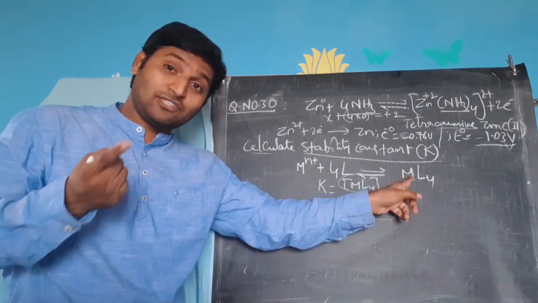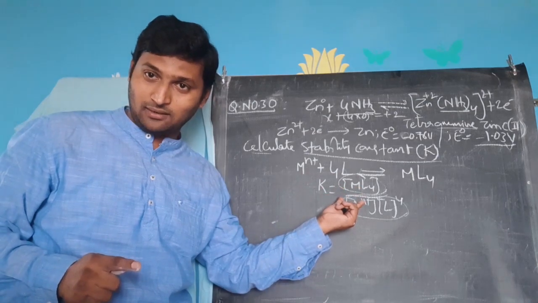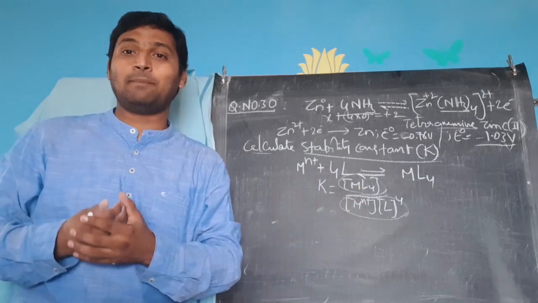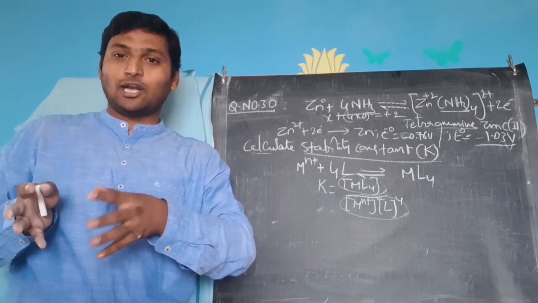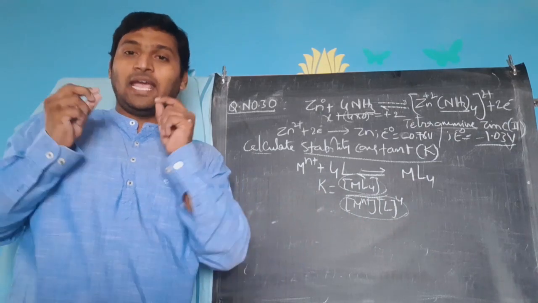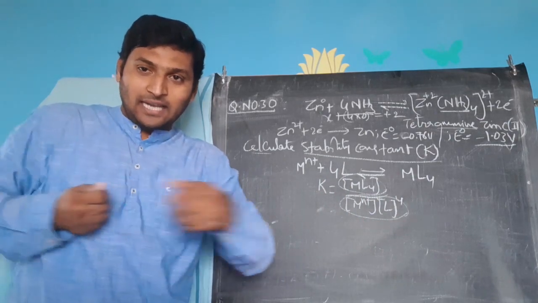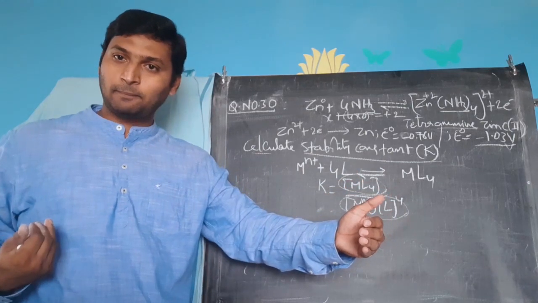When the complex is formed very readily such that the K value comes larger, then such a complex is a stable complex. You know very well, nature always would like to lead to stability. I have told you many times this one. If any process is spontaneous in a given direction A to B, then B must be more stable than A.